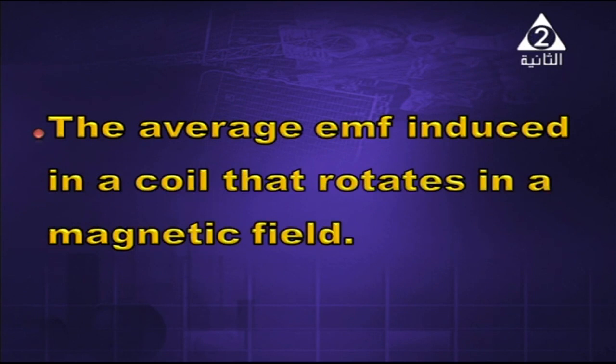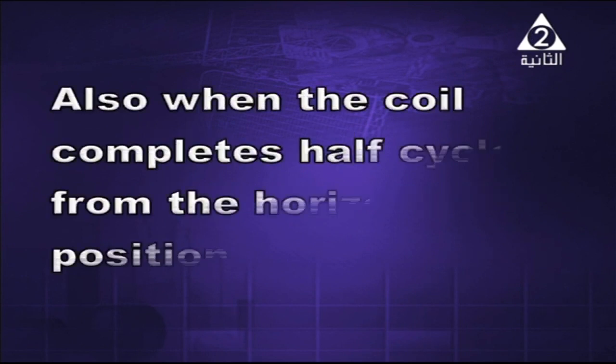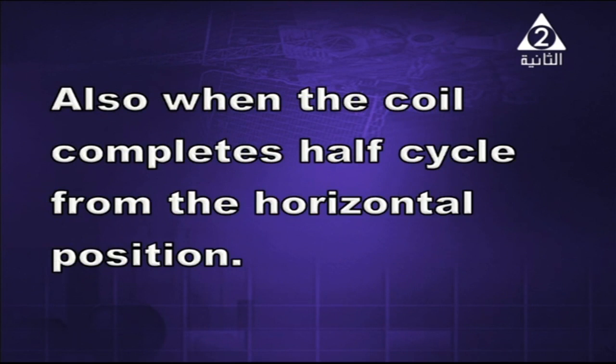When does the average EMF induced in a coil that rotates in a magnetic field equal 0? When the coil completes one cycle. Also, when the coil completes half a cycle from the horizontal position.